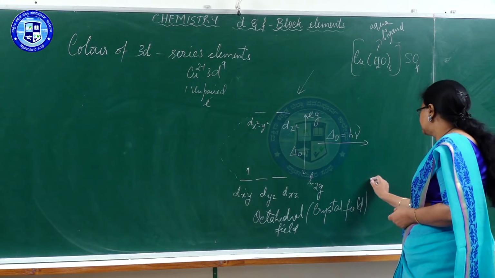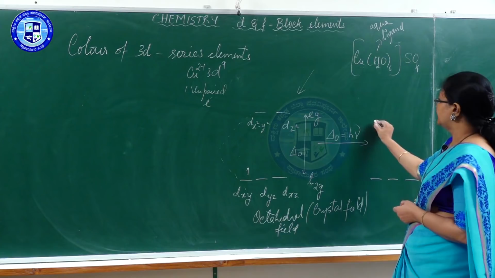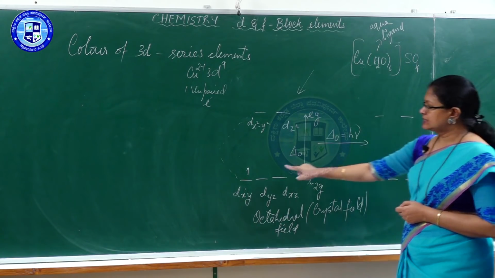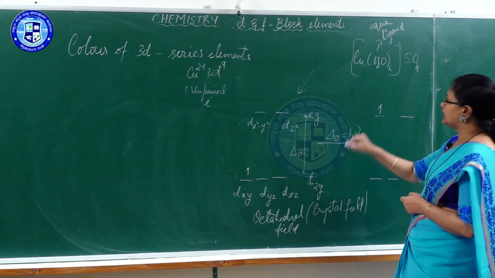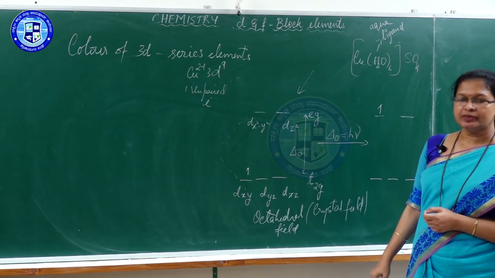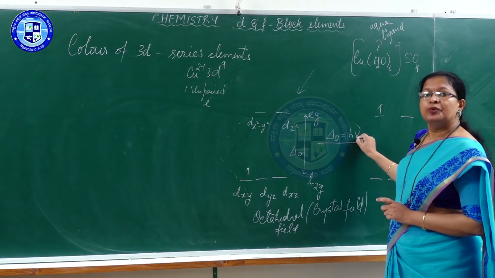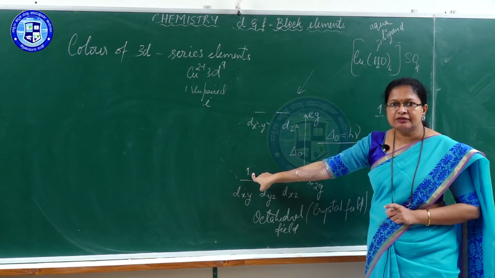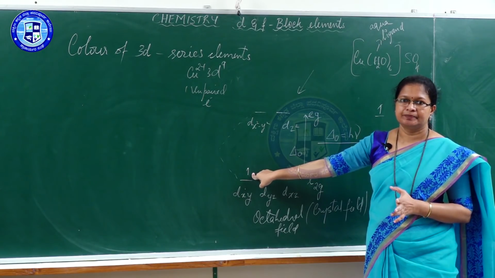Then the electron from this lower energy level, T2g, and this is a higher energy level, Eg, this unpaired electron is going to be excited to the higher energy level by absorbing the frequency corresponding to the radiation. If it is copper sulfate, it corresponds to red radiation.